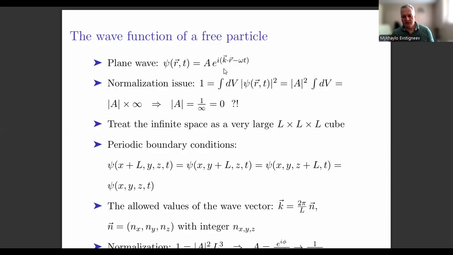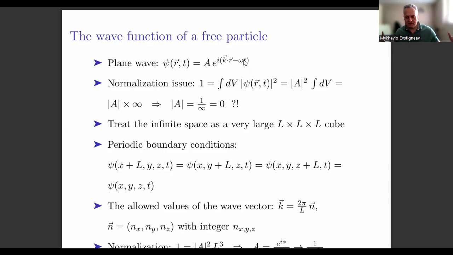Now, exponential to the power i (kr minus omega t) has modulus squared 1, because exponential to the power i theta has the modulus squared given by e to the i theta times e to the negative i theta, which is e to the power 0, which is 1.